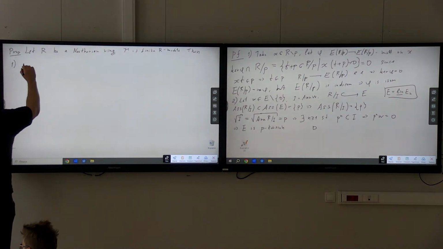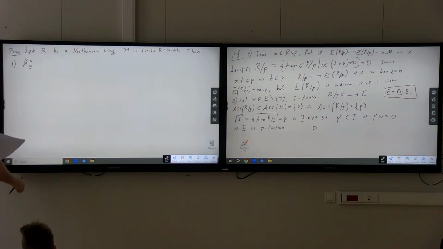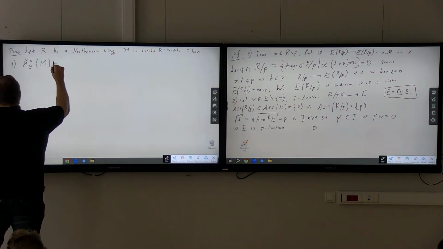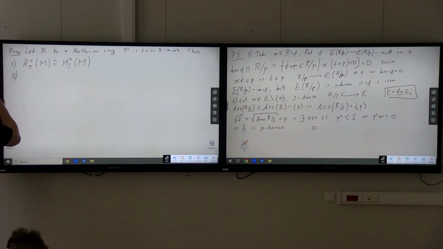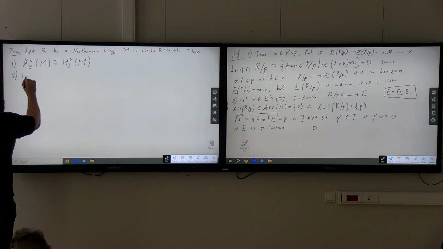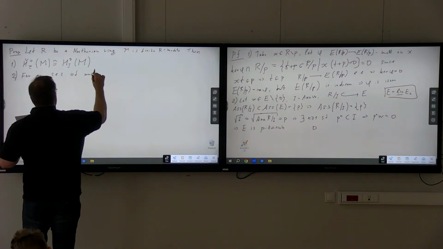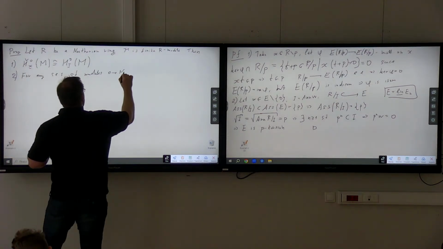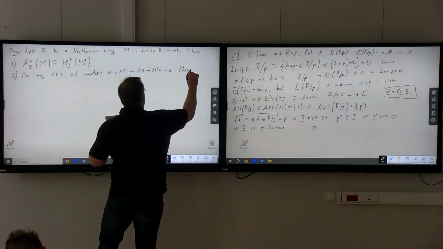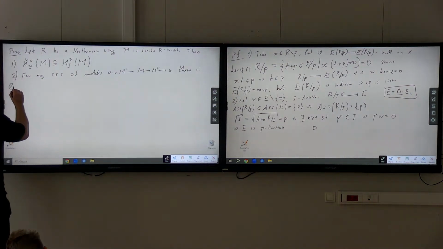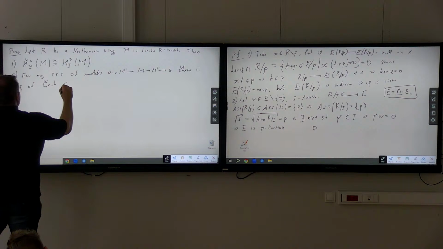the first claim is that the zeroth Čech homology of the sequence x, we recall that this is the sequence that generates the ideal I, of M, is isomorphic to the zeroth local homology of M. Second, for any short exact sequence of modules 0, M prime, M, M double prime, there is a long exact sequence of Čech homology.